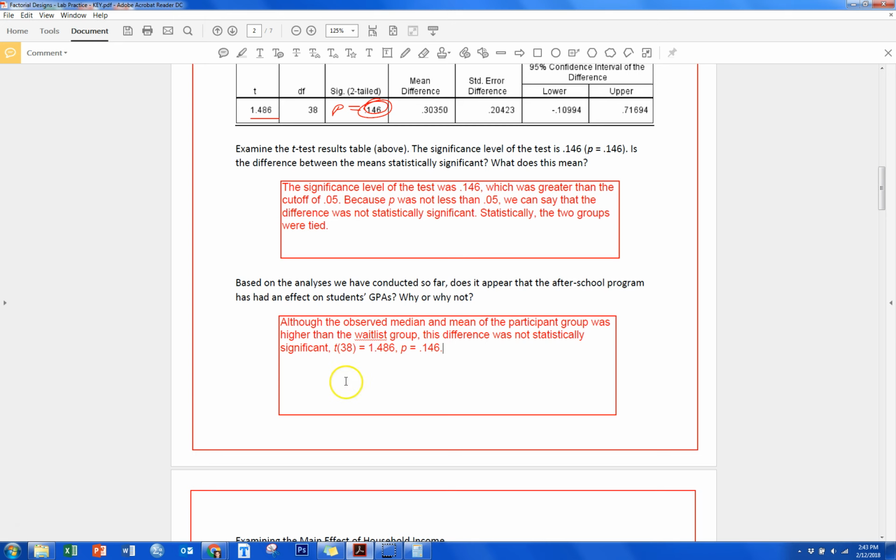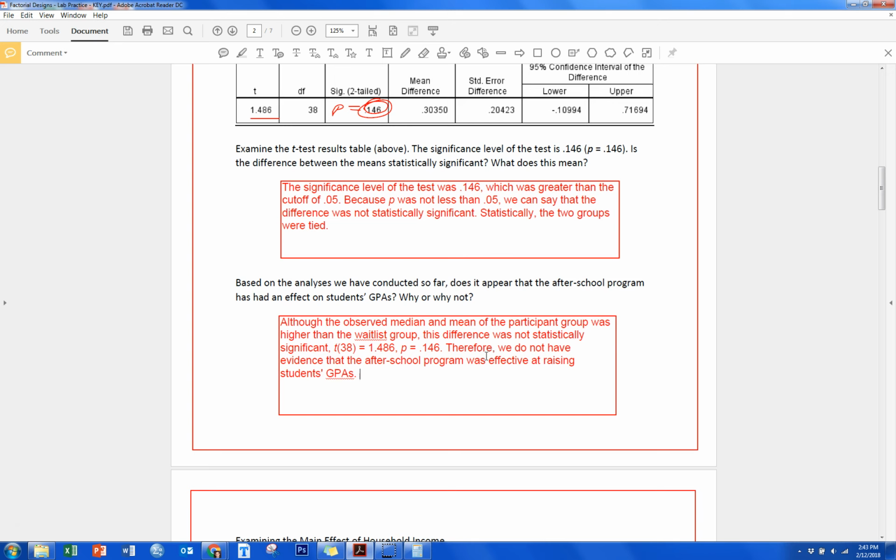So this tells us the test we're running, the degrees of freedom, the test statistic value, and exactly what the p-value is. We can see this is not less than 0.05, so this is not a statistically significant result. Therefore, we do not have evidence that the after-school program was effective at raising students' GPAs.